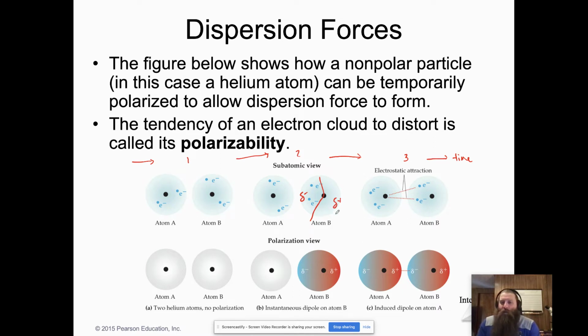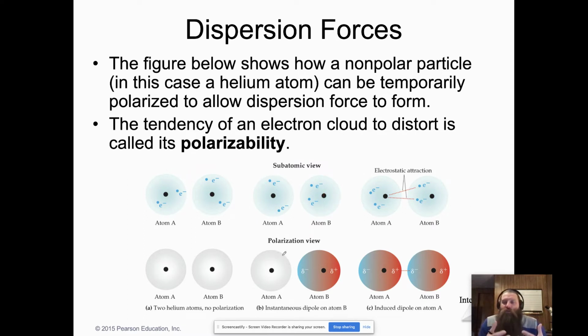And because of that, the existence of that partial charge in atom B, the nucleus of atom A, which was right there in the middle, moves a little bit to the right. It's attracted to that negative charge. There's an electrostatic attraction. Remember, that word means opposite charges attract. And the electrons are both moved to the left a little bit. They are repelled out of the way.